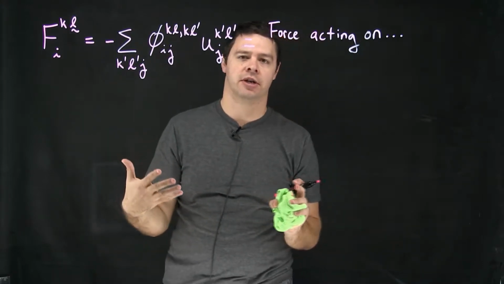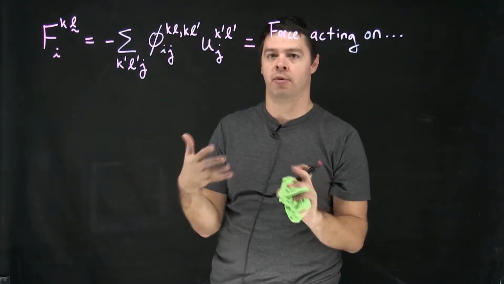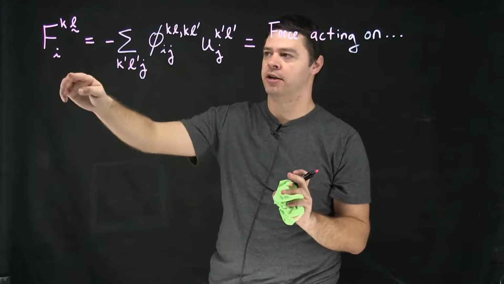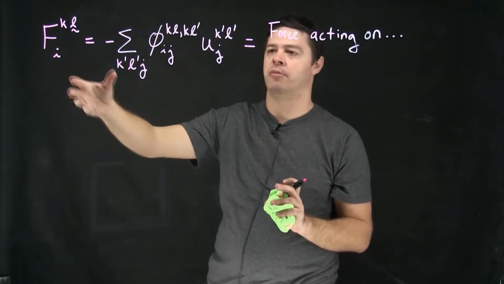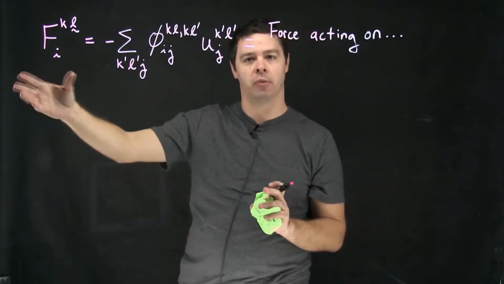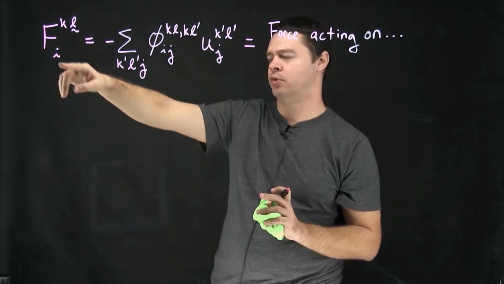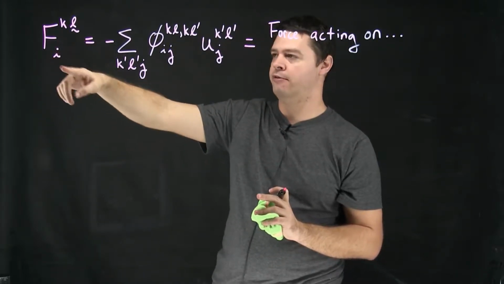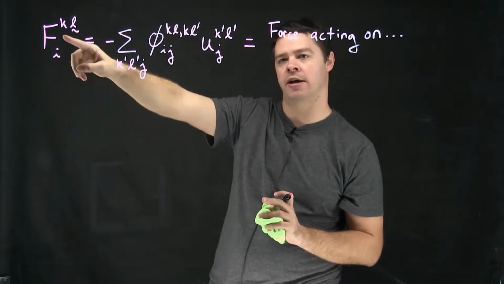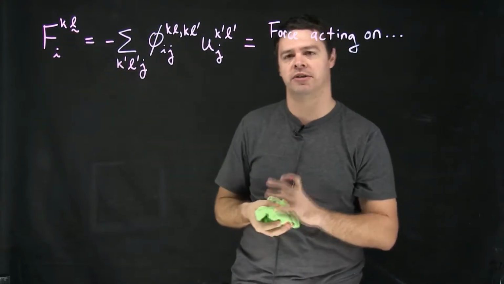The only difference is that now that I'm in 3 dimensions, there's a lot of different ways that this force can come up, right? Well, first let me talk about which force I'm talking about. So the notation here, let me just remind you. What I wrote here was F with a subscript i, and I have a k here and an l here. So what does that mean?